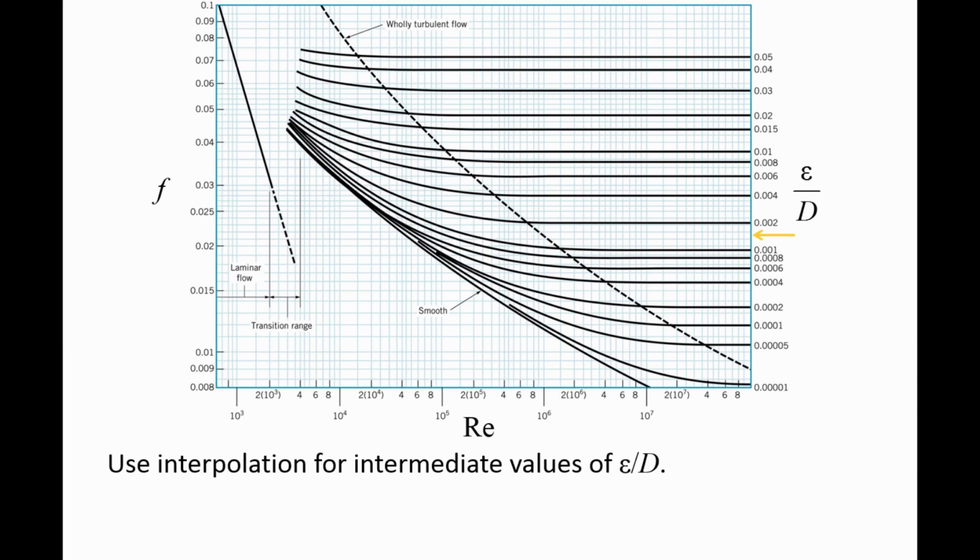For example, if the relative roughness of a pipe is 0.0015, you can estimate a curve between the 0.001 and 0.002 curves. Although this method introduces some additional error into the value of the friction factor, the error is usually relatively minor compared to other potential sources of error, such as uncertainty in the actual value of the roughness.